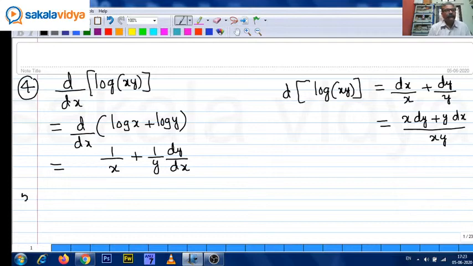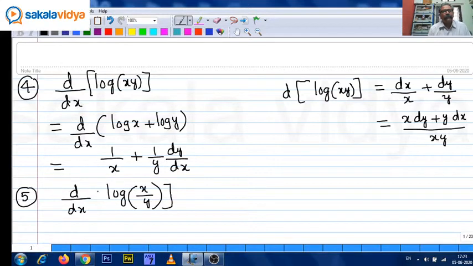Next, fifth point. d by dx of log of y by x, no problem. This is log y differentiation is 1 by y dy by dx minus log x differentiation is 1 by x.